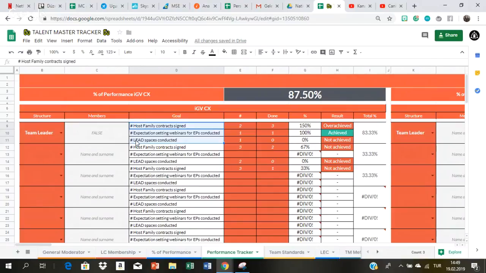Okay, so the only thing you need to do, let's start from the beginning. You put the position first: team leader, team member, and coordinator. We are not putting EB members in the performance tool, firstly.